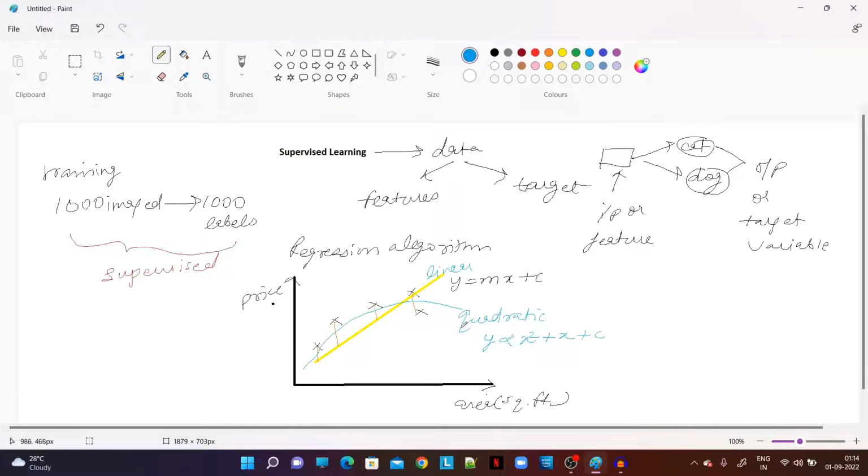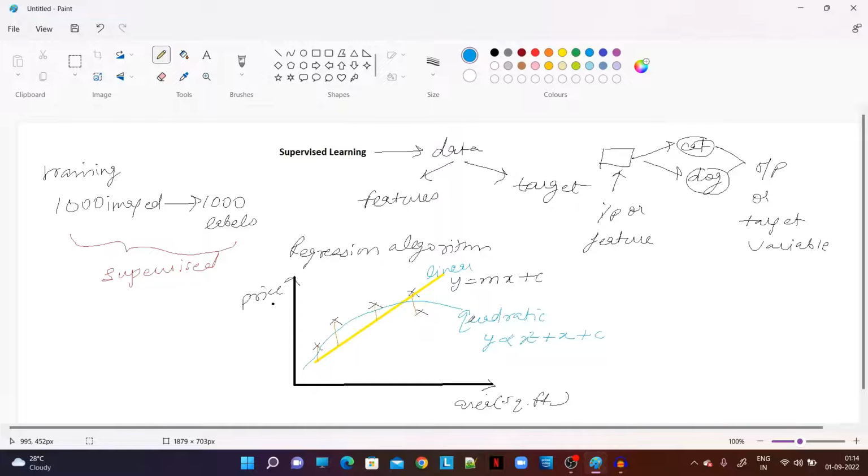Now this is what we know as the regression algorithm. You have a relationship between area and price. You know the values, at what area what is the price, and with this training data you are trying to fit a regression algorithm and find the best fit out of it.